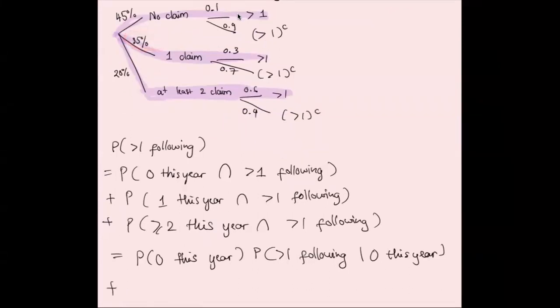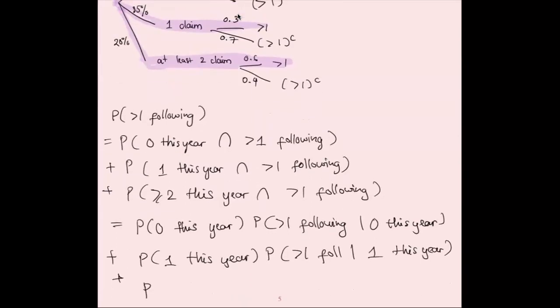The number here is the probability of one claim this year. This number means the probability of more than one claim in the following year, given one claim this year. Last one, we have the probability of at least two claims this year and the probability of more than one claim in the following year, given at least two claims this year.